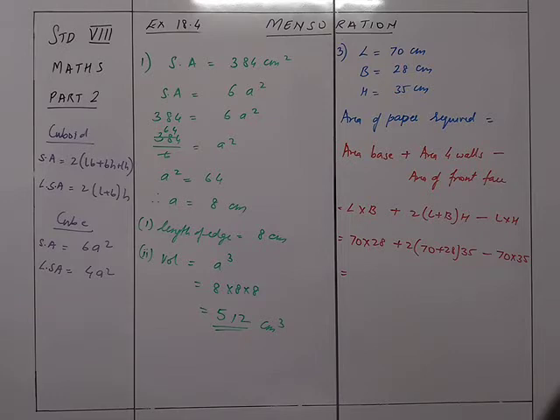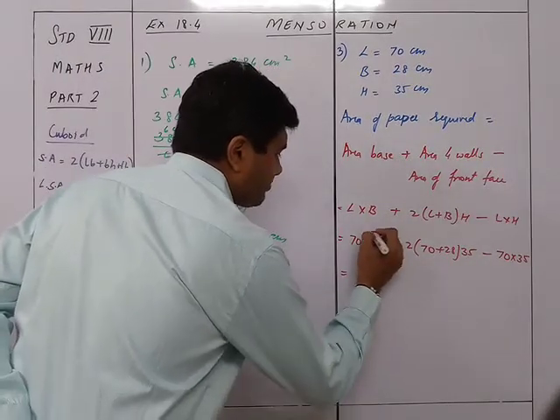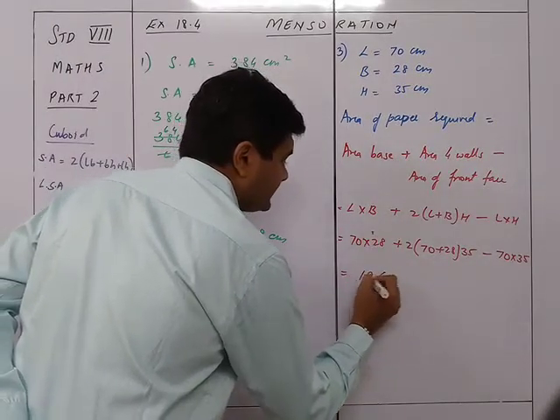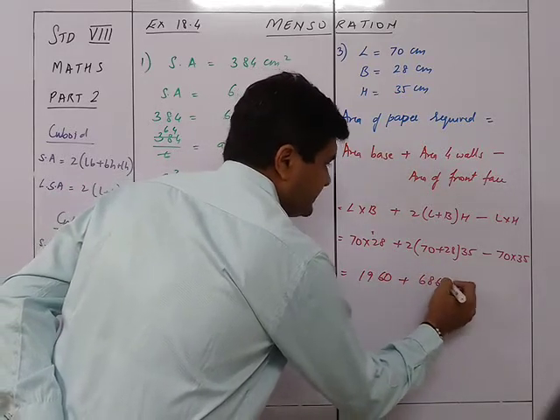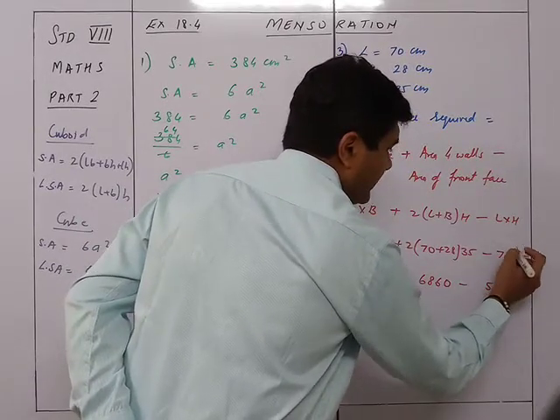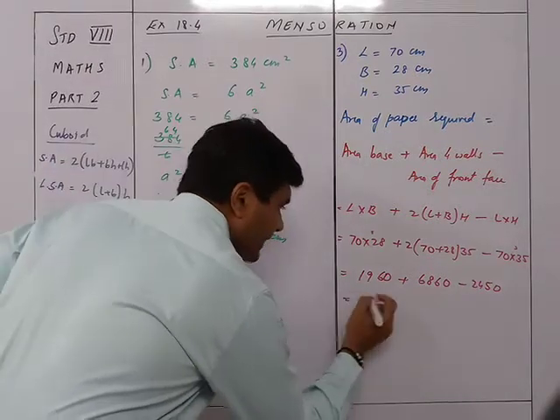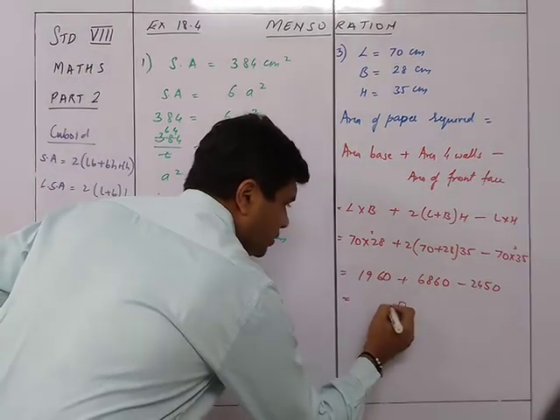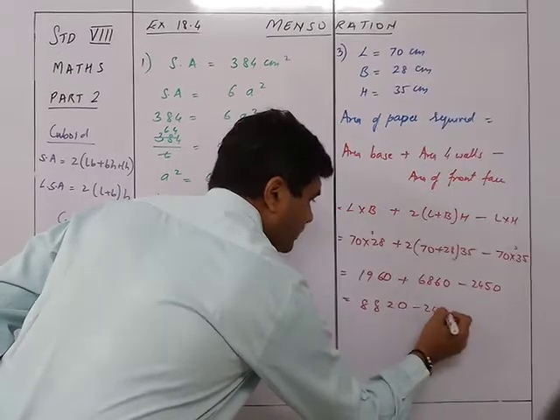7 8s are 56 and 5... 1960 plus this is nothing but 6860 minus this, 7 5s are 35 and 7 2s are 14, 21, 24, 2450. Okay, so that will give me this is 0, 2, 8, 8 minus 2, 4, 5, 0.